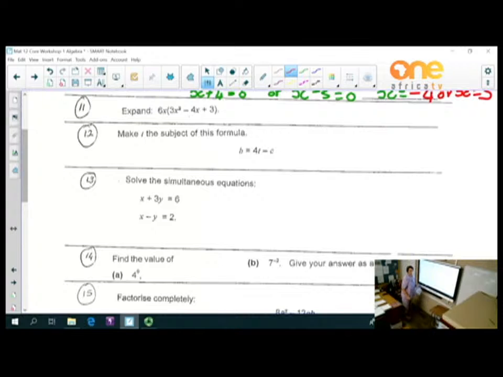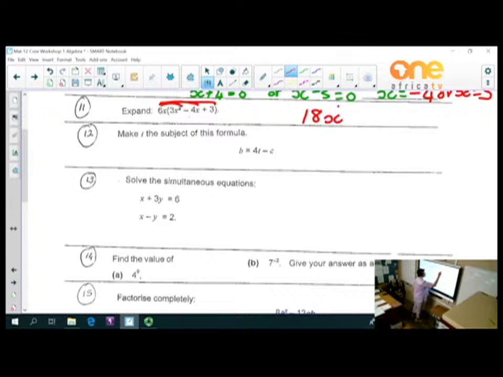Question 11. Expand. Expand is like products. Find the product. Remove the bracket. I like to work with these arrows because otherwise you forget. Each one in the bracket must be multiplied with 6x. Each one. So it's sign, number, letter. If you multiply the numbers, we have 18. Add your indices. If you multiply, you add.